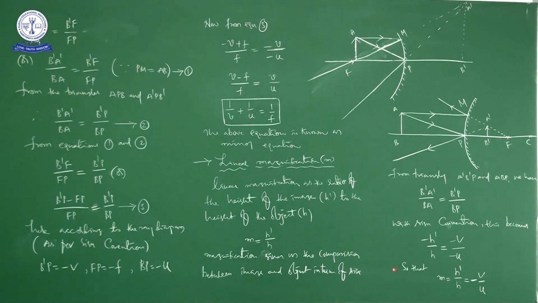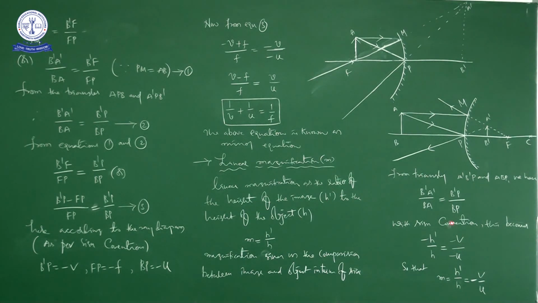So from triangles A'B'P and ABP, you can write B'A' by BA is equal to B'P by BP.